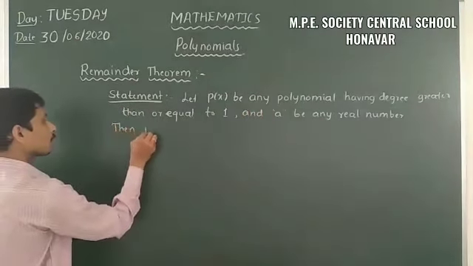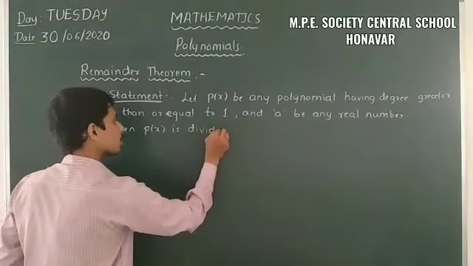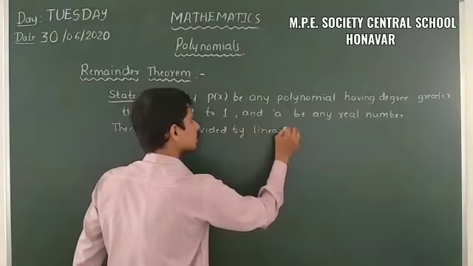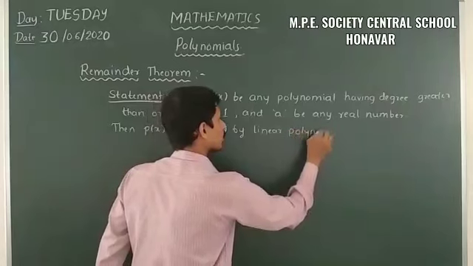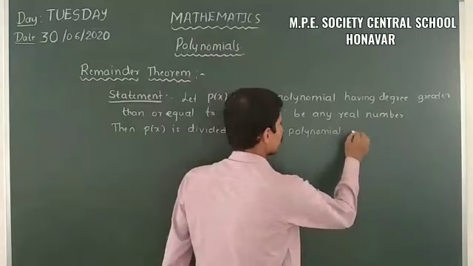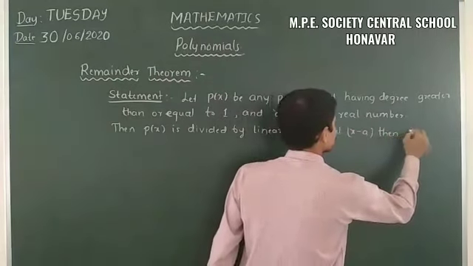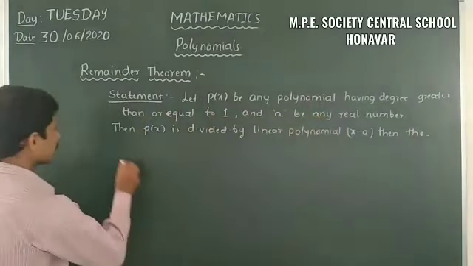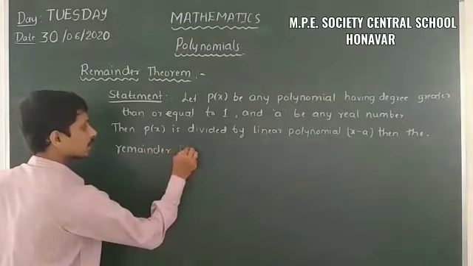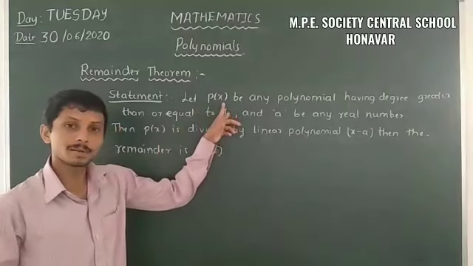Then if p of x is divided by the linear polynomial x minus a, then the remainder is p of a.